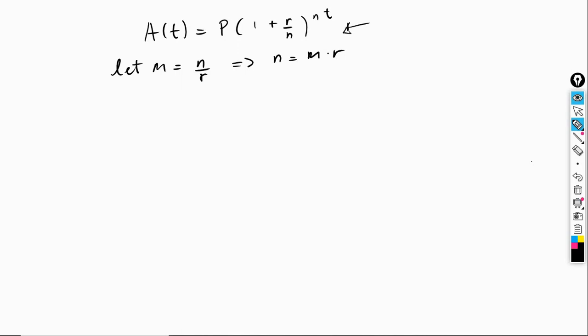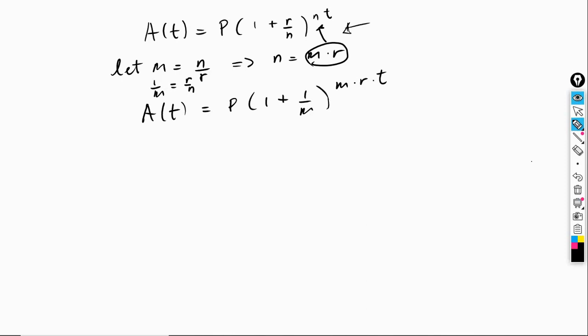So notice that this is going to make A of t equal to p times 1 plus 1 over m, and this to the power of m times r times t. So notice that I'm substituting this here for n, and 1 over m is the same as r over n, right? Notice that if I go 1 over m, that equals r over n.